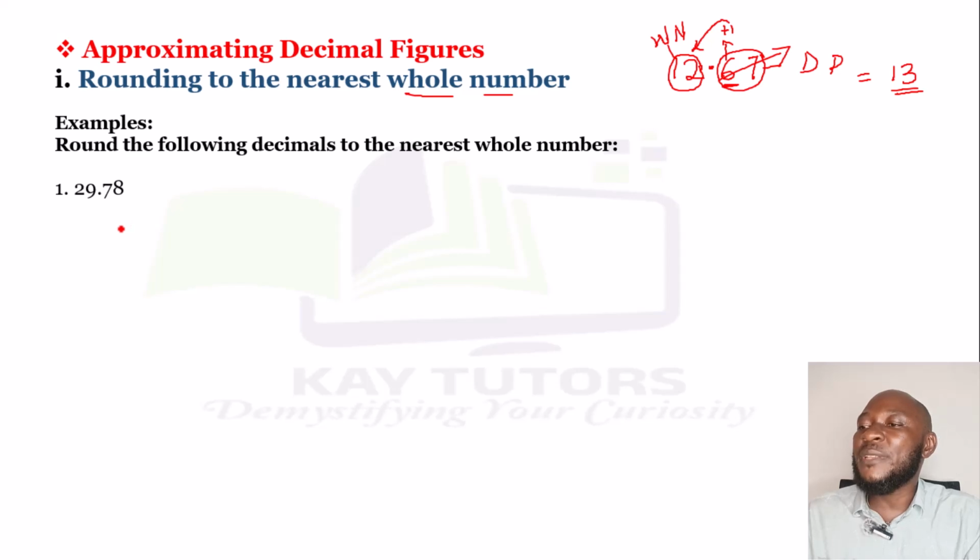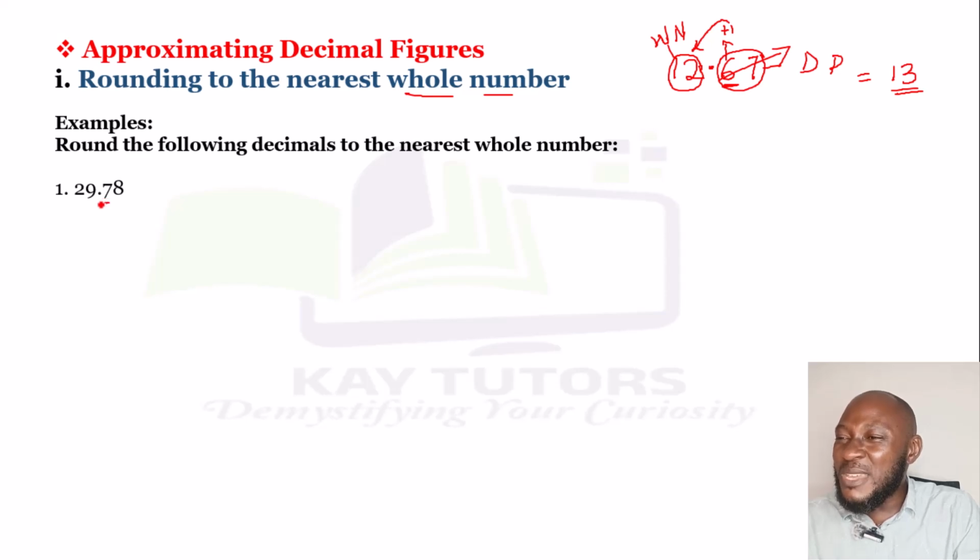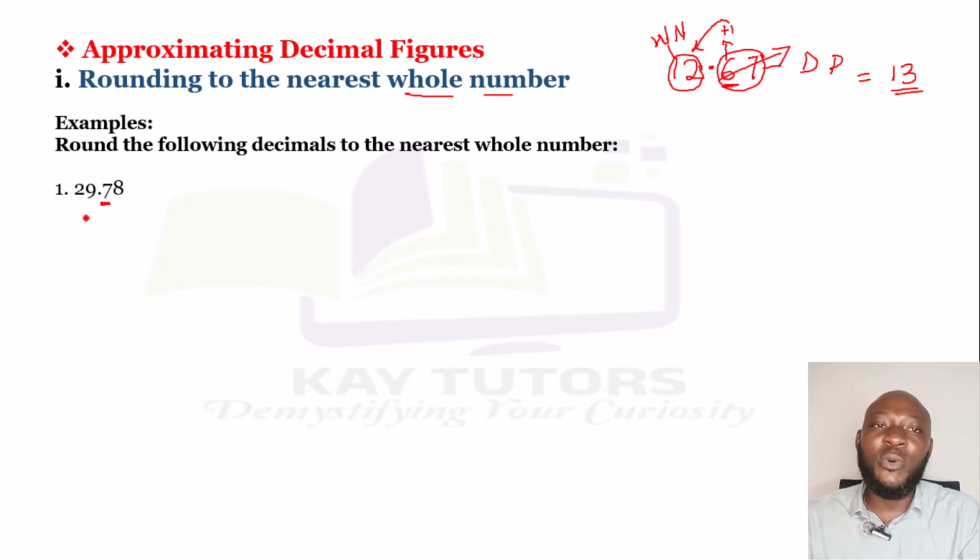Let's round off 29.78 to the nearest whole number. Here, what's our 10th digit? The number immediately after the decimal point is the 10th digit. You carry out your judgment on the 10th digit, and 7 here is greater than 4.